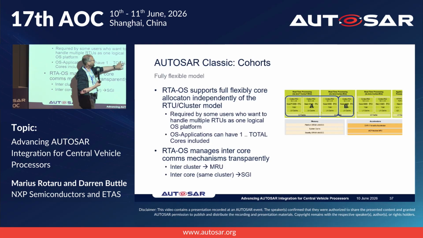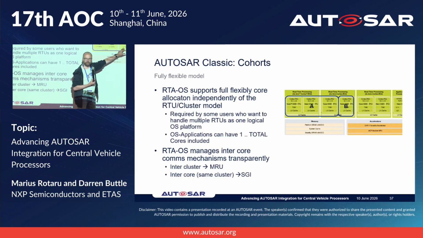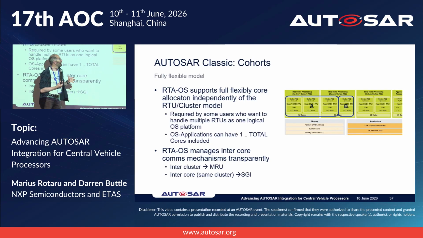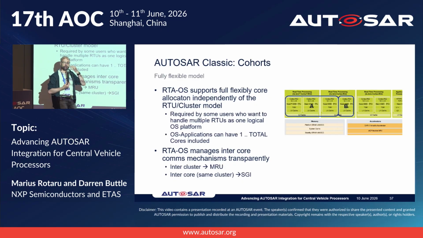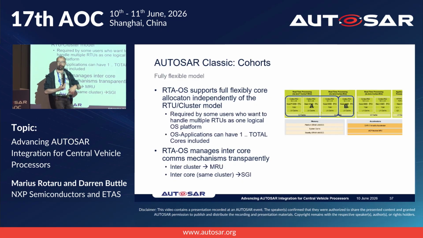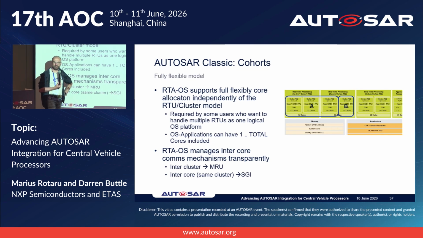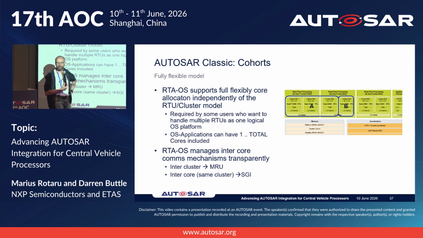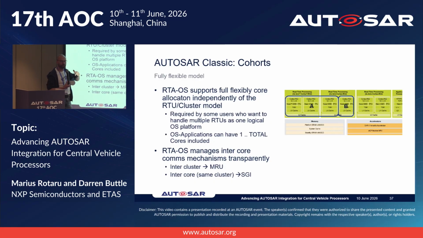So the fact that these have essentially the same numbers of cores in each one of those RTUs, it's a practical assumption for the hardware, and you've got to design that somehow. But some people are saying, oh, well, I actually want 6 cores in my cohort, or I want 8 cores in my cohort. So this therefore means that we've got to somehow abstract that away as well.